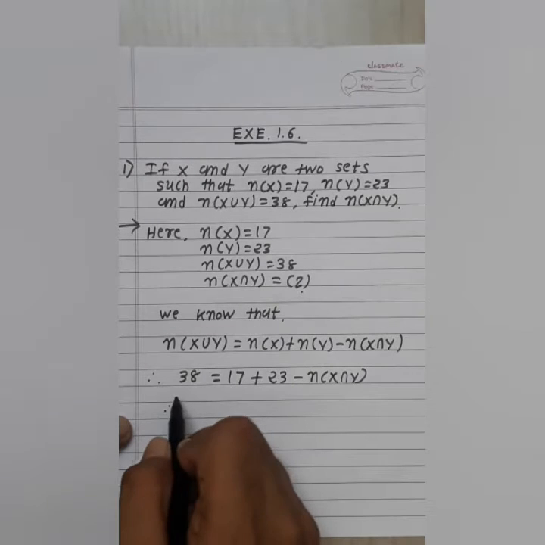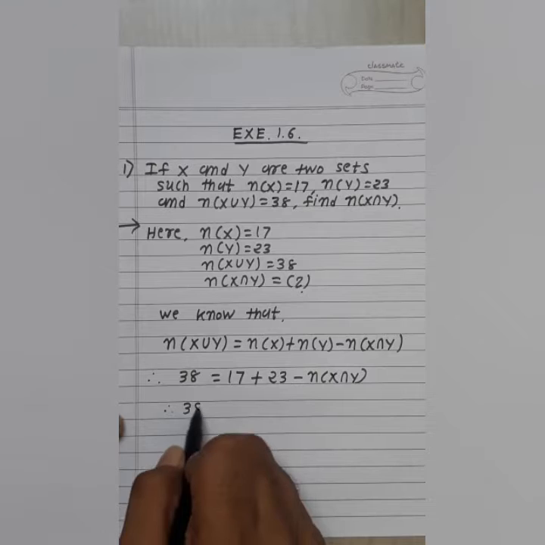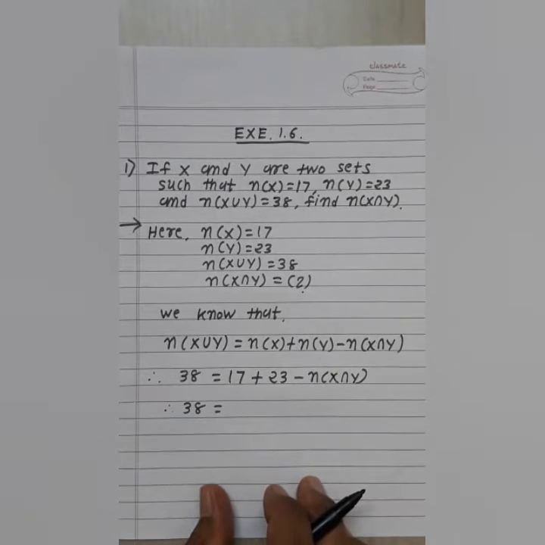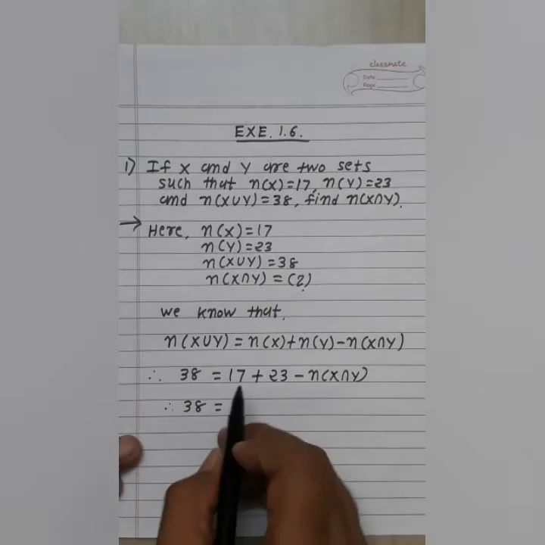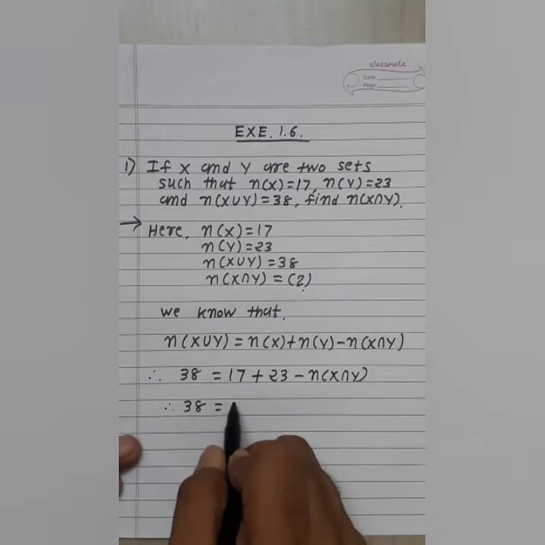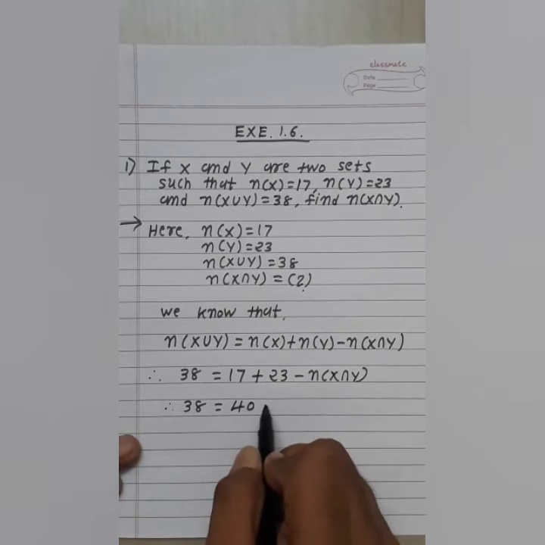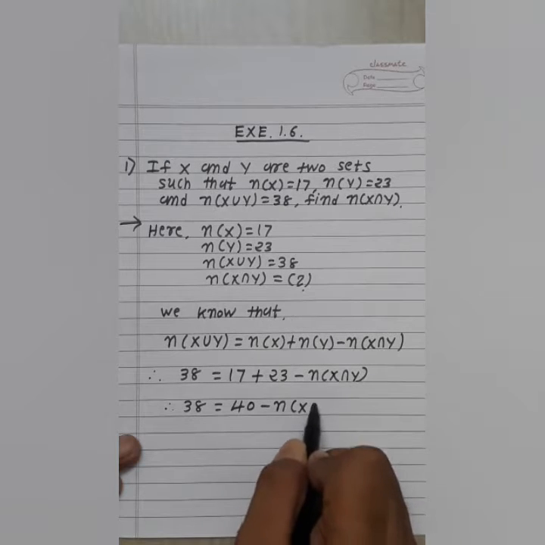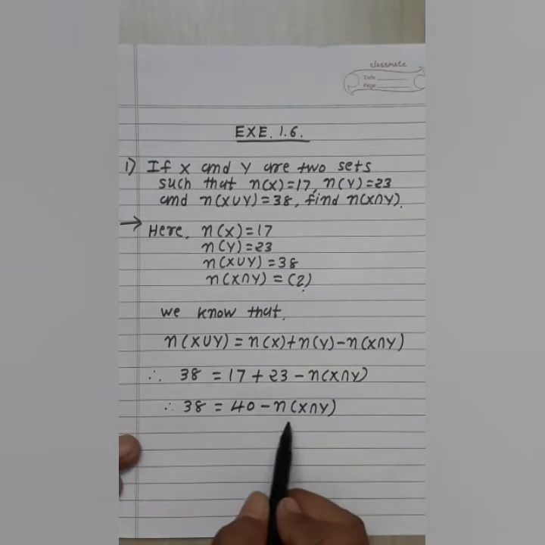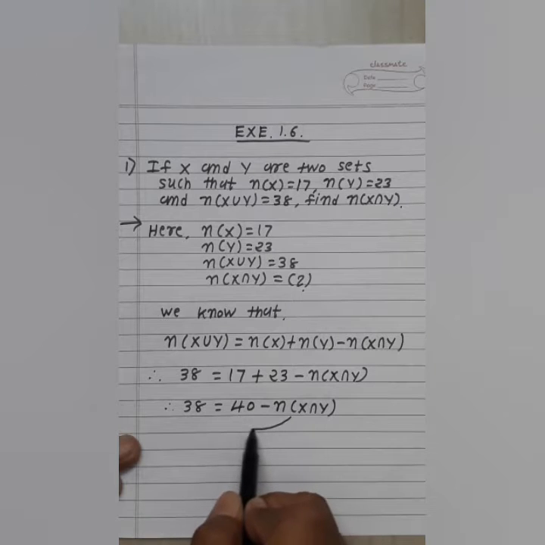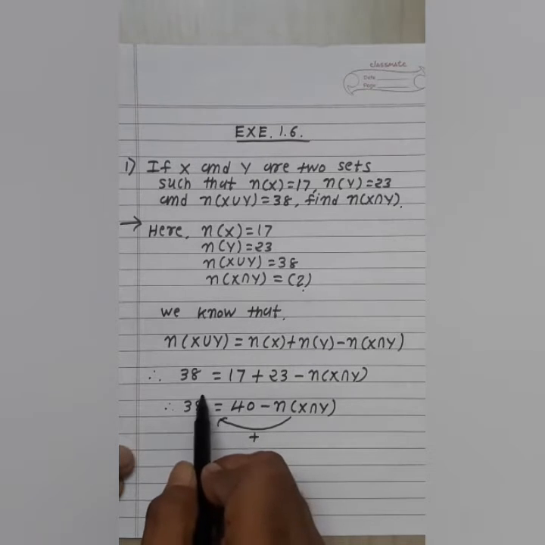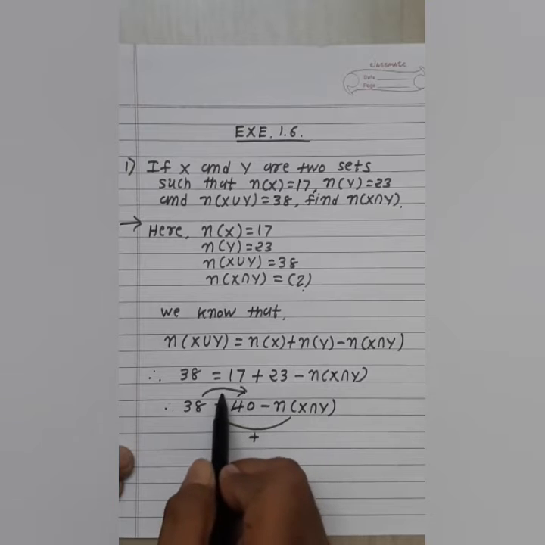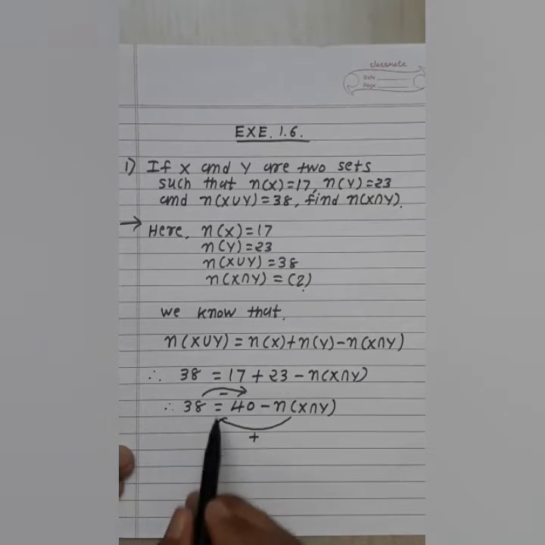So first of all add these numbers. So 38 is equal to 17 plus 23, that means 40, minus n of x intersection y. Now this negative term is moved to the opposite side, the minus sign changes, and the positive 38 moves to the other side with its sign changed to minus.